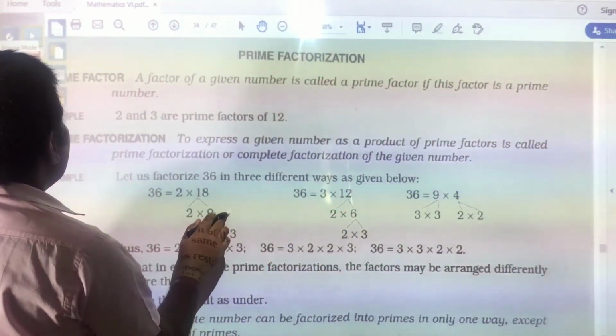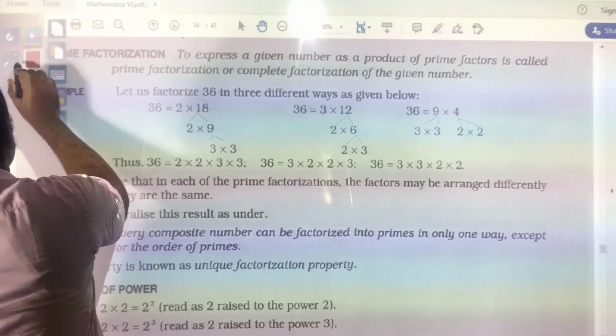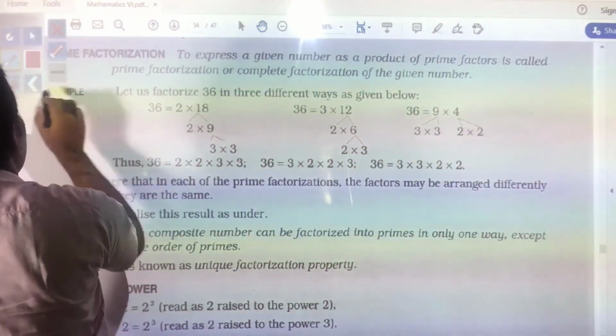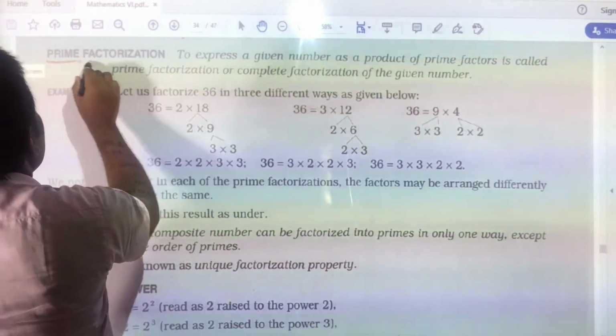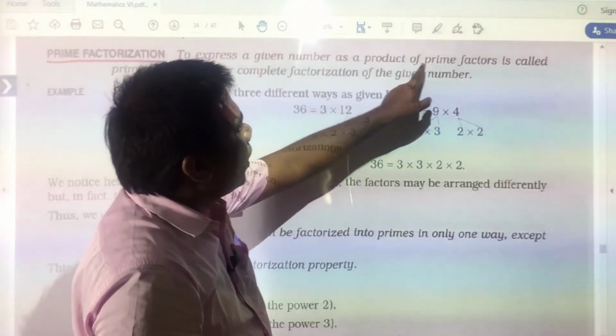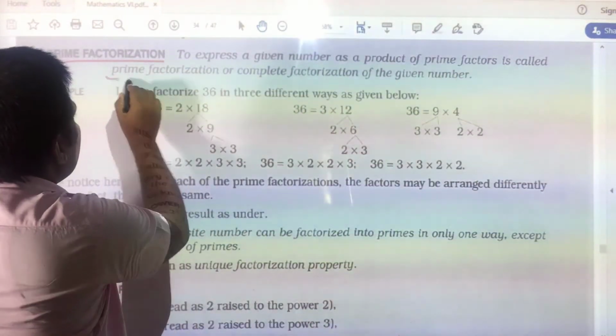Here you see prime factorization. To express a given number as a product of prime factors is called prime factorization.